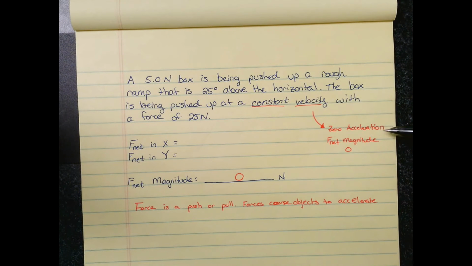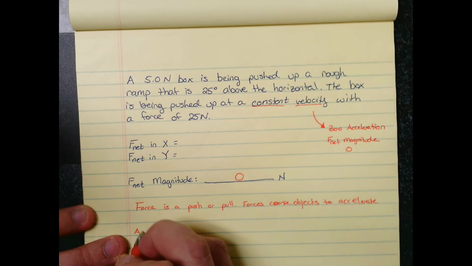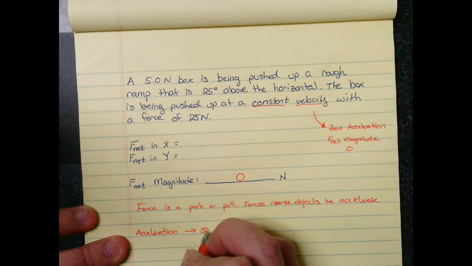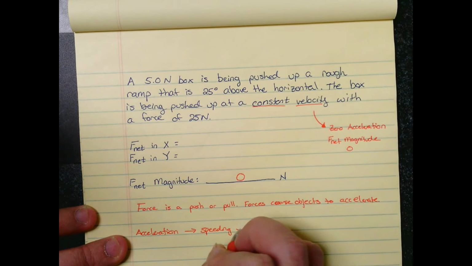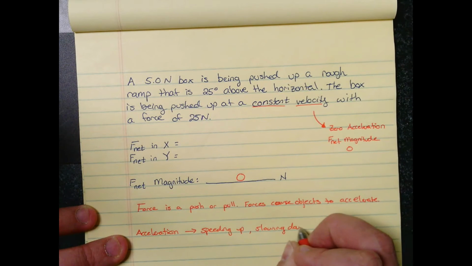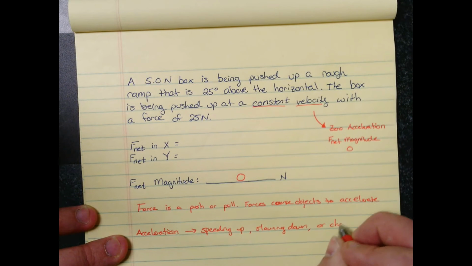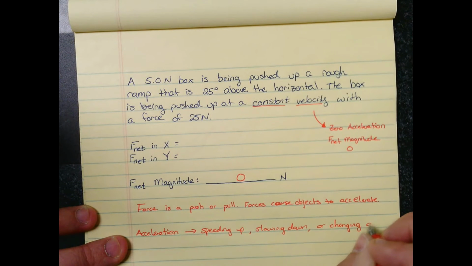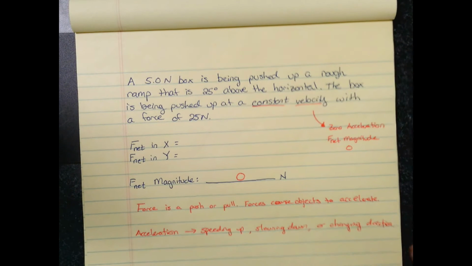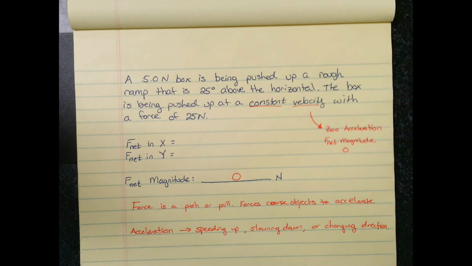Acceleration can only happen if an object is speeding up, slowing down, or changing direction. So this box is moving in a straight line.